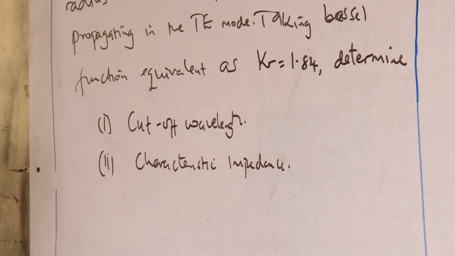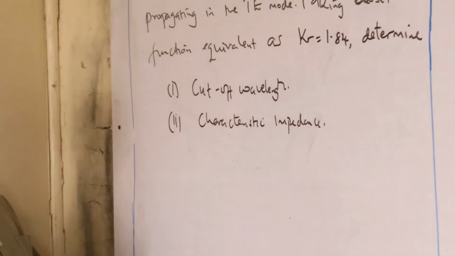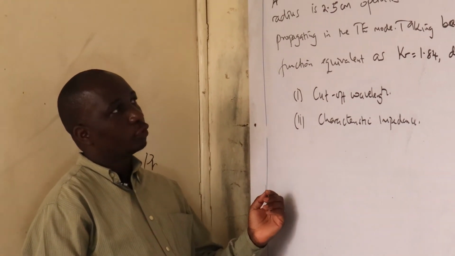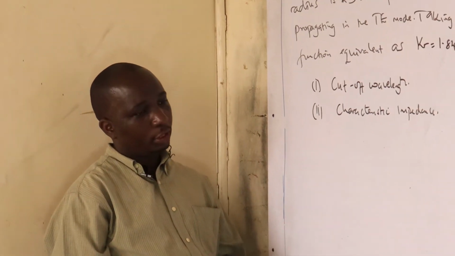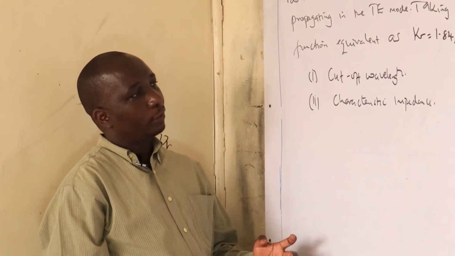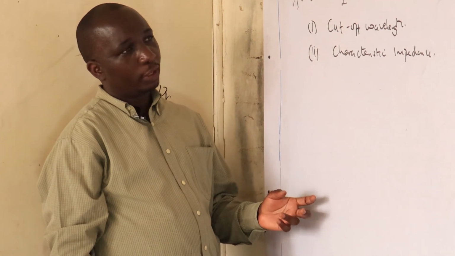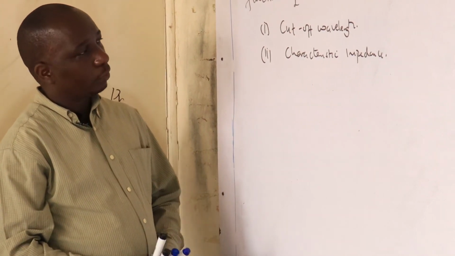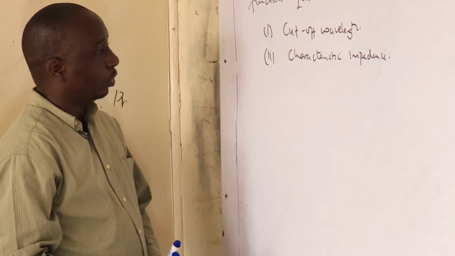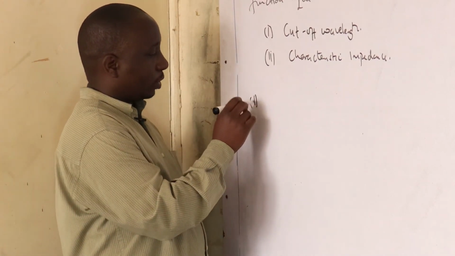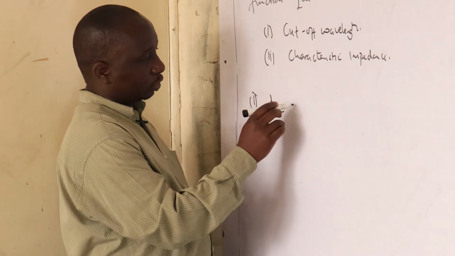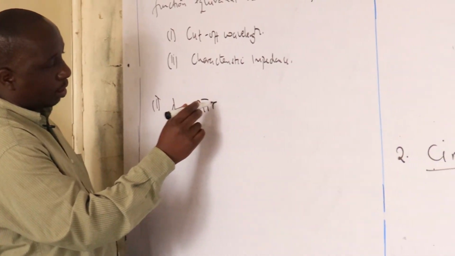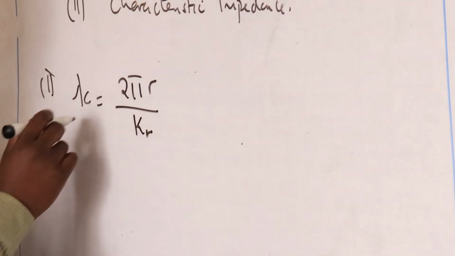So we look at it this way. Any time you're talking about the circular waveguide, irrespective of whether it is TM or TE mode, we don't need to use the formula that we used in the rectangular form because this is circular. The basic thing we need is the cut-off wavelength. So for Roman 1, the cut-off wavelength is 2 pi r over kr.